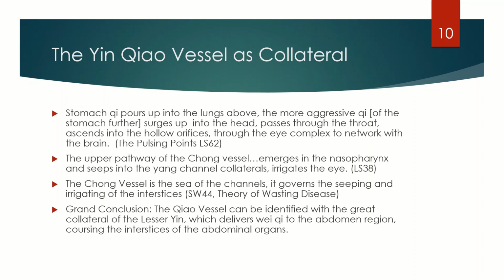It's conduiting this wei qi into this extrachannel realm of the abdomen and these interstices that surround the organs. And so that's a more complicated but more specific version of the kind of vision of the circulatory system that's going on in terms of the connections between the various 8 extras and the circulatory system proper.